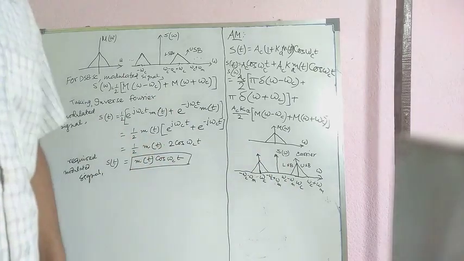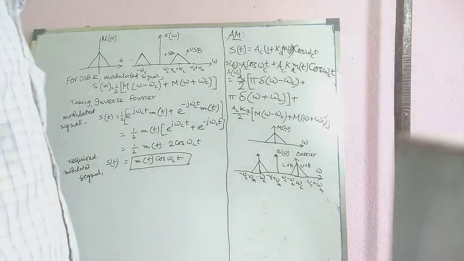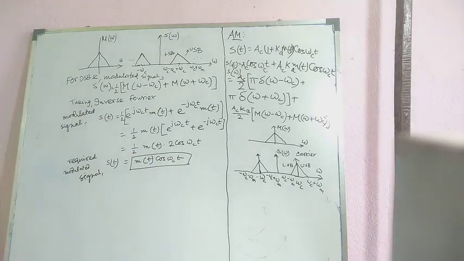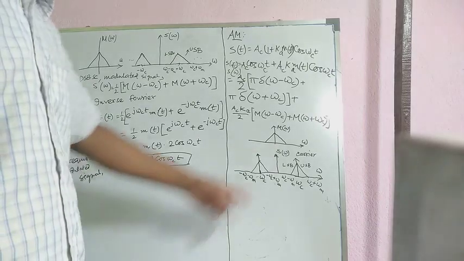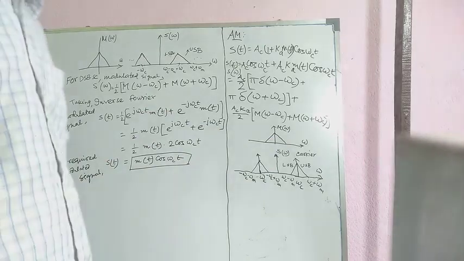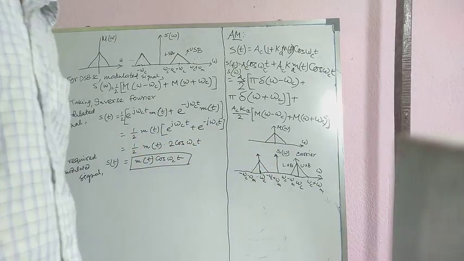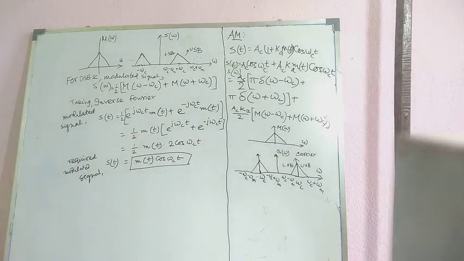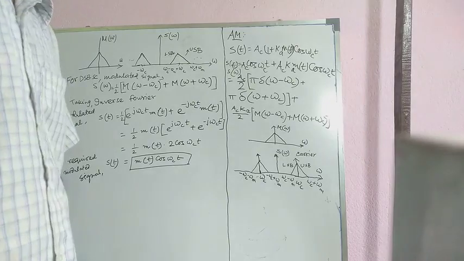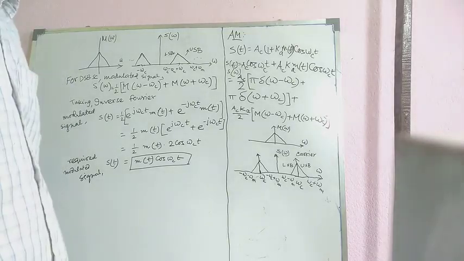And when we calculated the power requirement for the amplitude modulated signal, we saw that the carrier power needed to transmit is A_c squared by 2, and for each sideband it requires 1 divided by 8 mu squared A_c squared.